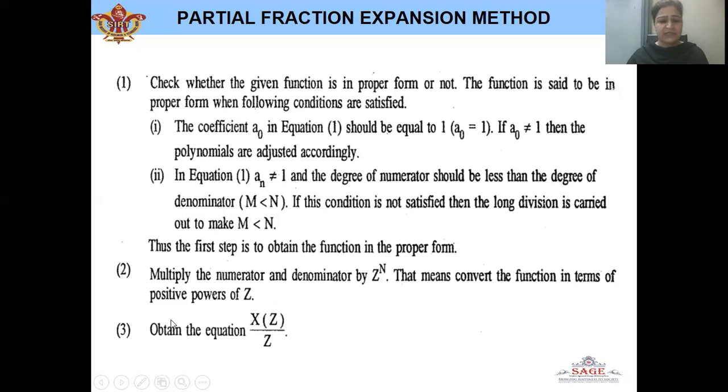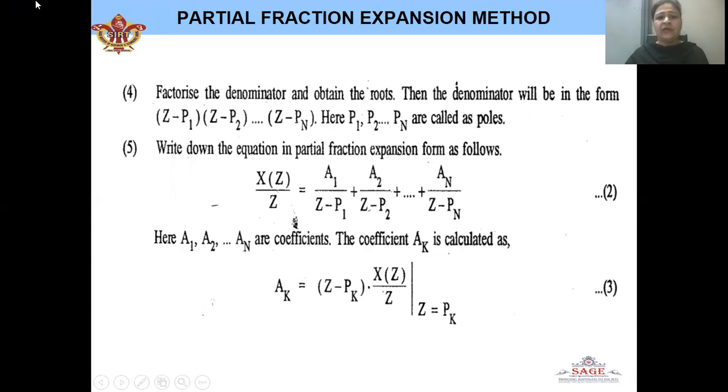Then we will obtain the equation X(z) upon z. Then we will factorize the denominator and obtain the roots. Now the denominator will be in the form of z minus p1, z minus p2 till z minus pn, where p1, p2, pn are known as the poles. Once the denominator is factorized and represented in the form of these factors, we will write down the equation in partial fraction expansion form.